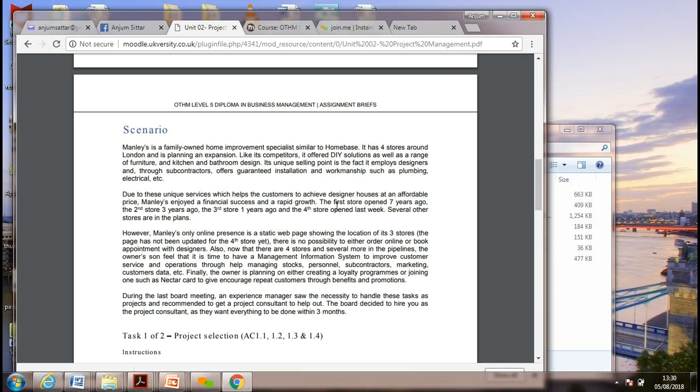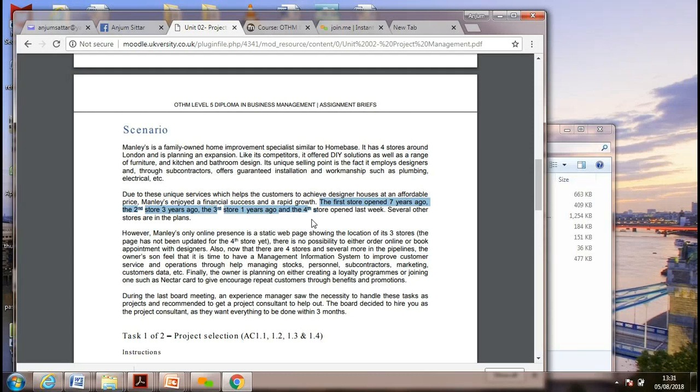That's the background information. The store was opened 7 years ago. They have several other stores in London, however the only online presence is a static website.